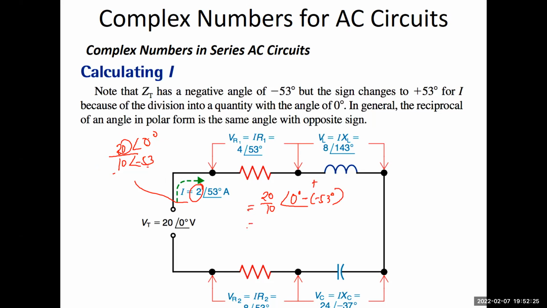That is, your current now would have a magnitude of 2 and a phase angle of 53 degrees, in amperes. Dahil current yung pinag-usapan natin.